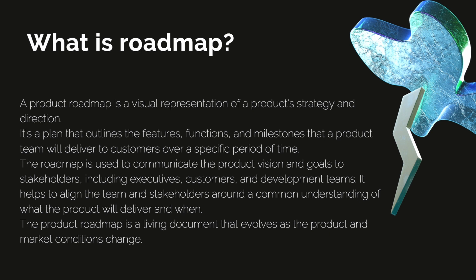It helps to align the team and stakeholders around a common understanding of what the product will deliver and when. The product roadmap is a living document that evolves as the product and market conditions change.